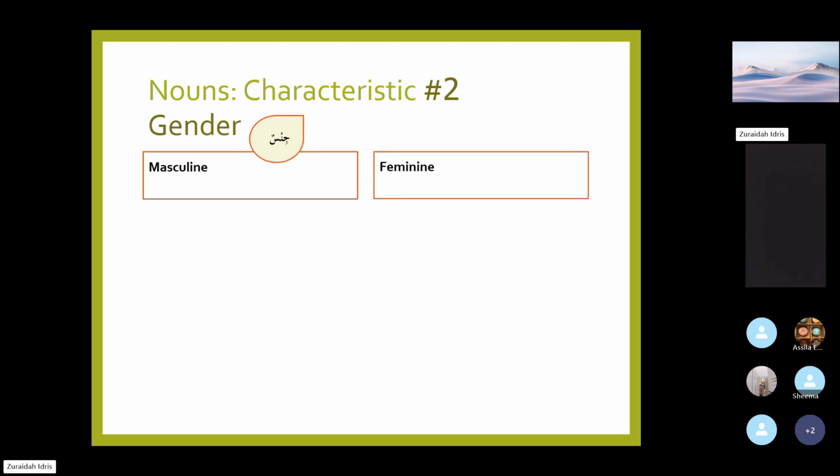I'm not saying that just because you speak English, you don't have gender. I'm just saying that in English, we don't treat the words as if they have gender. But in some other languages, Arabic included, there is gender. Certain words are what we call masculine and certain words are what we call feminine.